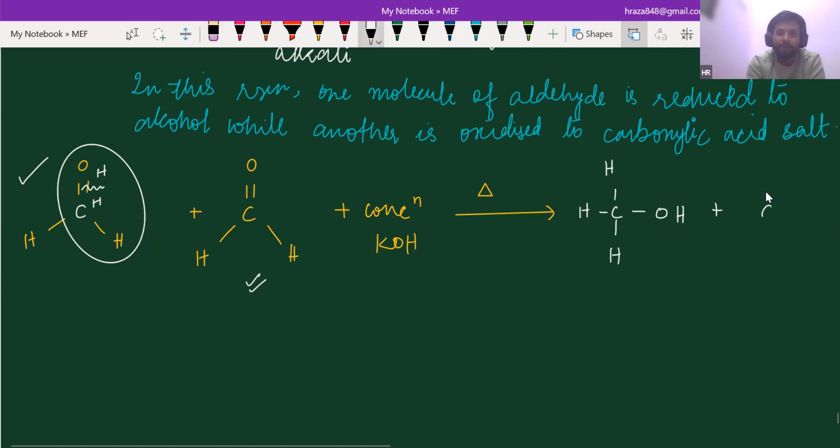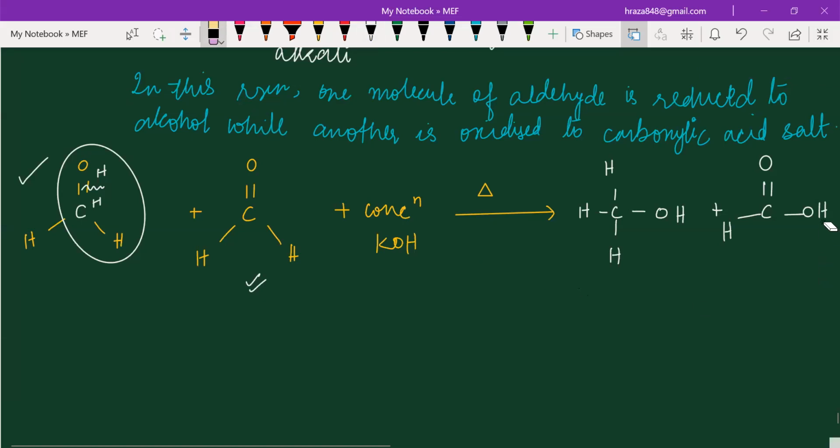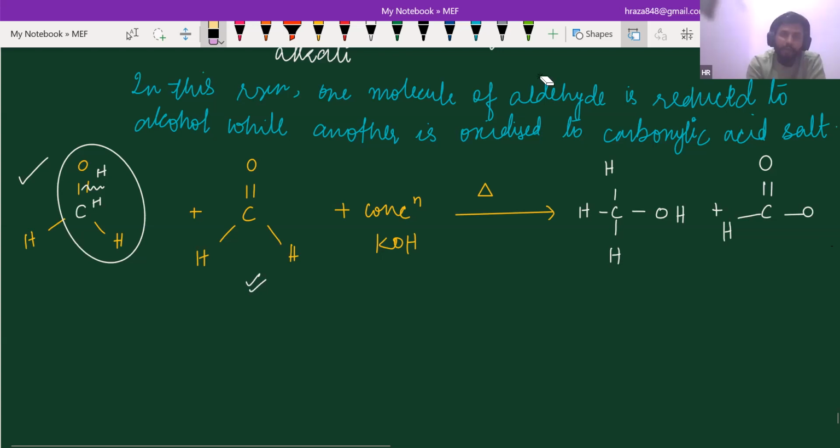This methanol will be converted into methanoic acid. Yes or no? Yes. But you are not going to make it carboxylic acid. You are going to make it carboxylic acid salt. So whatever is the metal here, potassium, sodium, you are going to replace this OH with OK. Is that clear?